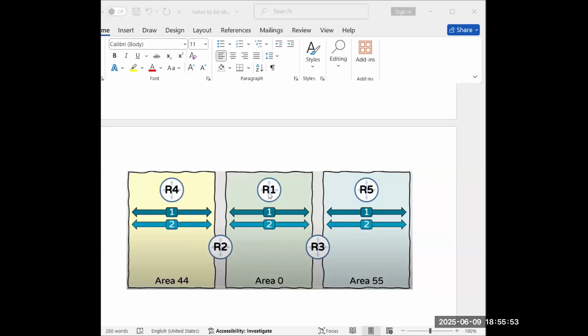So the R1 router in area 0 and the R5 router in area 55 do not know any information about R4 and its directly connected links. For now, R1 or R5 does not know any information about R4 because LSA type 1 advertisement happens only within the area.